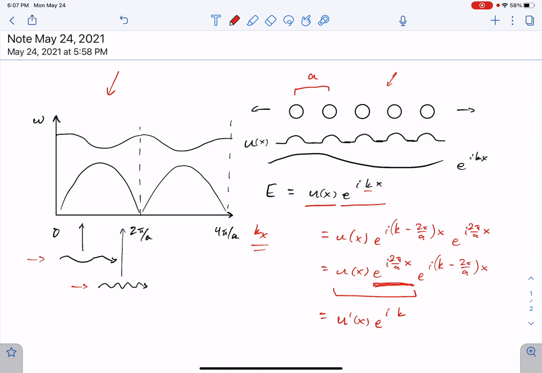So this becomes another, in quotation, another solution that you can write down for your Maxwell's equations. So another choice of u and another choice of k. But it's the same solution, so it must have the same frequency.